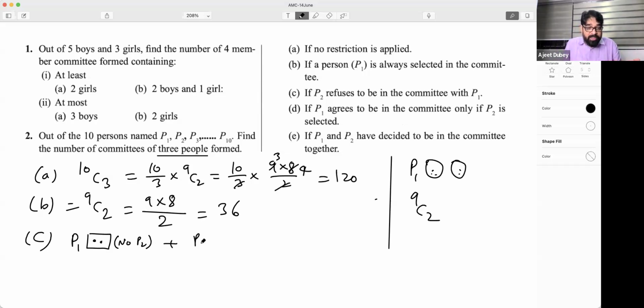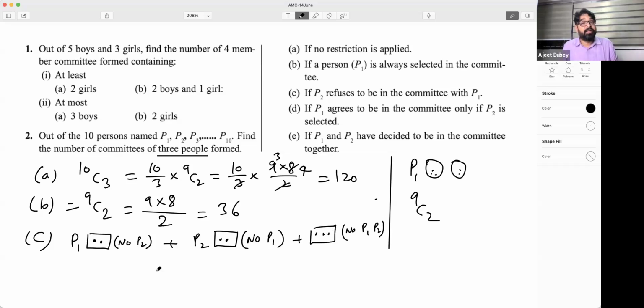Or P2 is there and two other people, but no P1. Or neither P1 nor P2 is there, totally three new people.